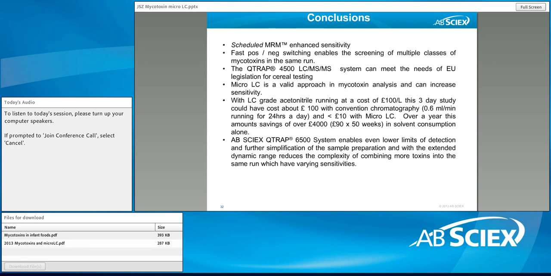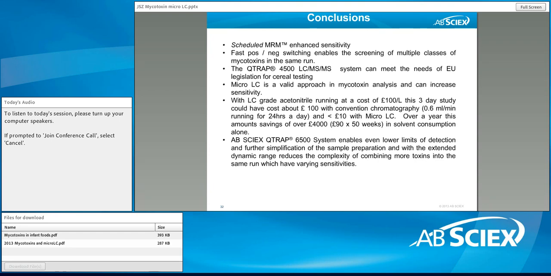And of course, a further step is that with 6500, we can lower the limit of detection, to try to fulfill further European regulation, for example, for baby food testing. Okay, so with this, I've finished my talk here.